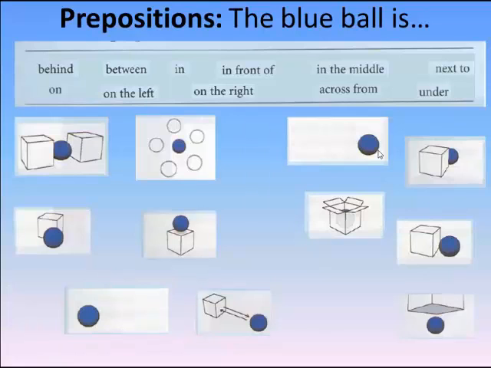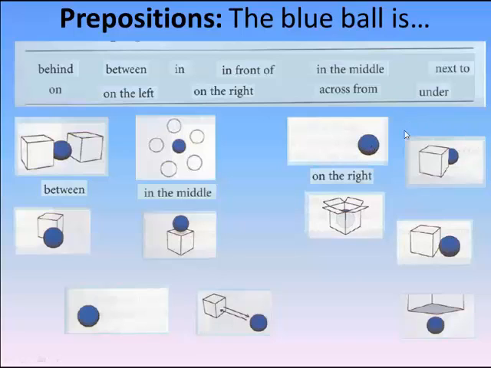And the last section of Unit 1C is prepositions. Let's analyze this blue ball. In this case, the blue ball is between the boxes. In this case, the ball is in the middle. In this case, the ball is on the right.